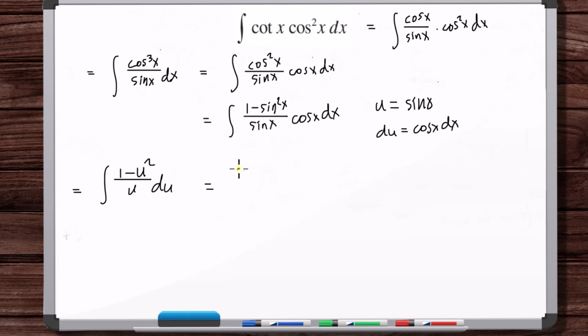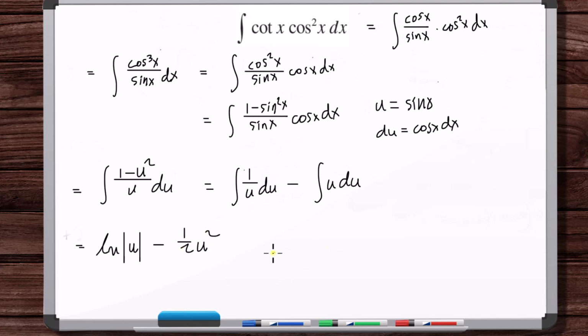So this is natural log of the absolute value of u minus 1/2 u squared plus c. But now we need to substitute back for what u is. There we go.